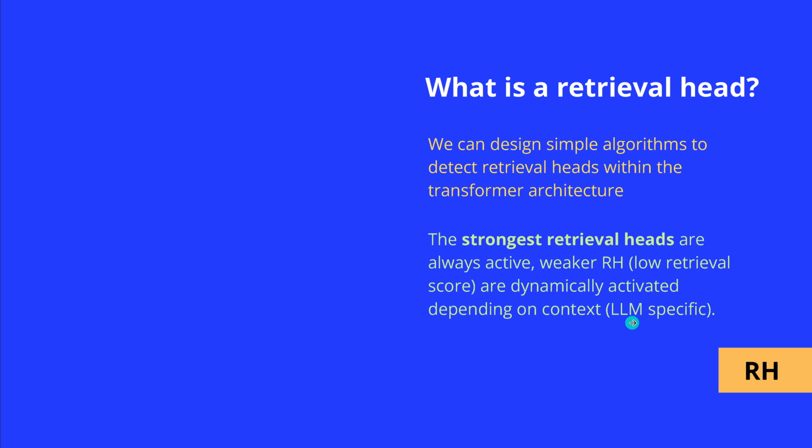And this is LLM specific. So you see, if, for example, and this is now an assumption, you had a specific fine-tuning on a specific domain, there is the idea that we do not know the answer yet. Those create our weaker retrieval heads that, given a specific domain query, are now dynamically activating within the system.